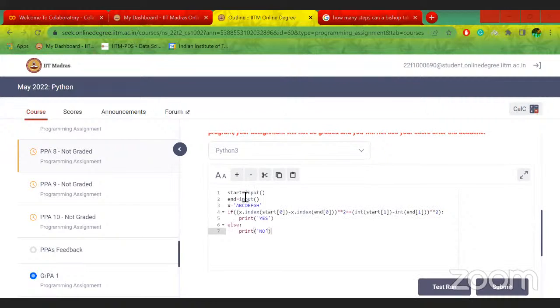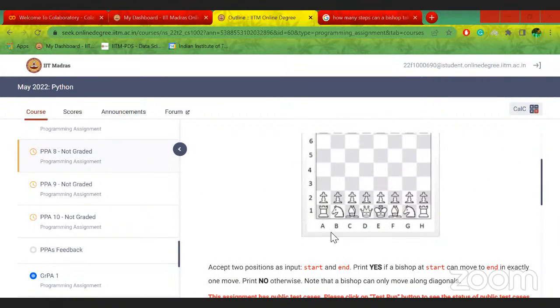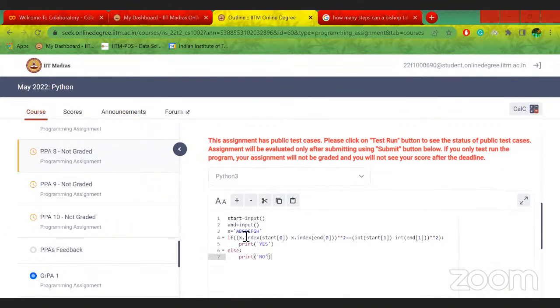Sir, what I did, I took start and end. Then I took a string. In this, there are alphabets from A to H. So I took all that, and then I take the first letter of the start, and then I find the index in the X for start and end, and that is the integer.